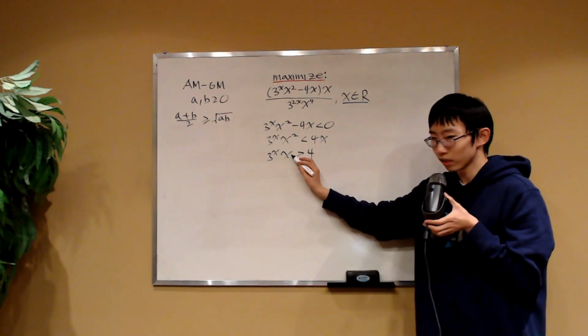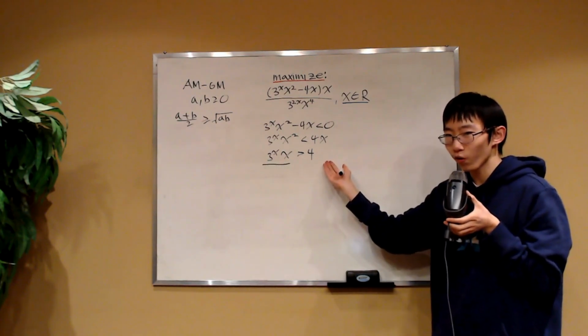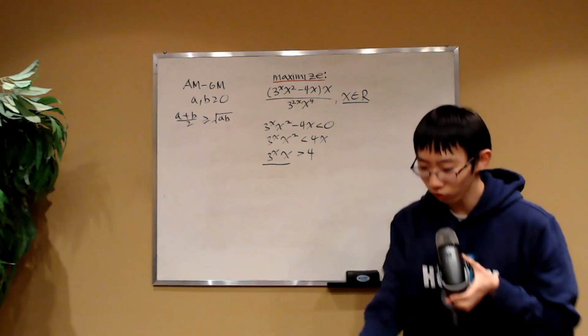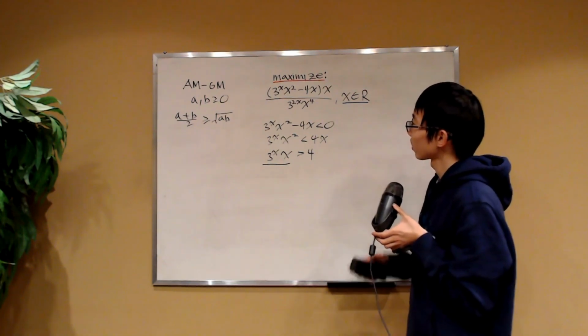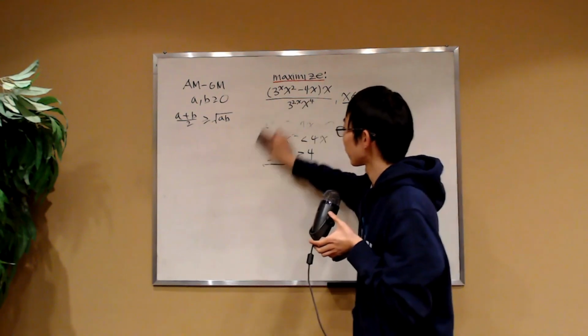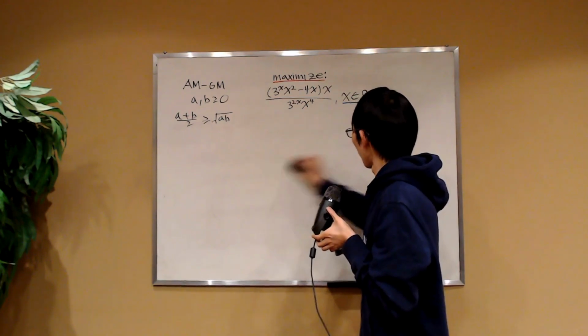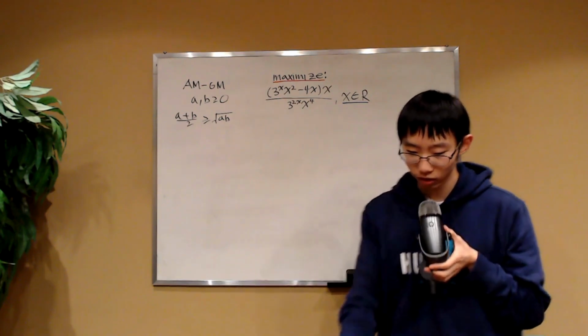But if x is going to be negative, then there's no way that this expression is going to be greater than 4, because this side would be negative then. So there are no values of x such that both of these are actually negative. Therefore, we conclude the numerator must have these two terms both positive in order to reach maximum.